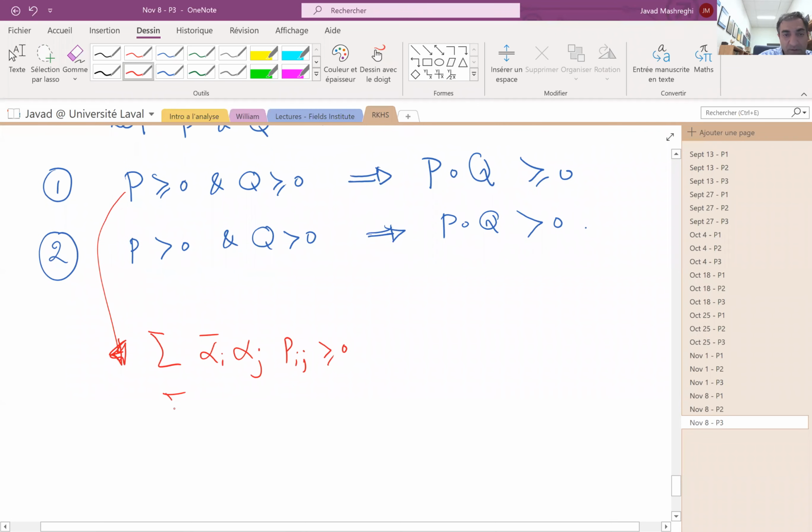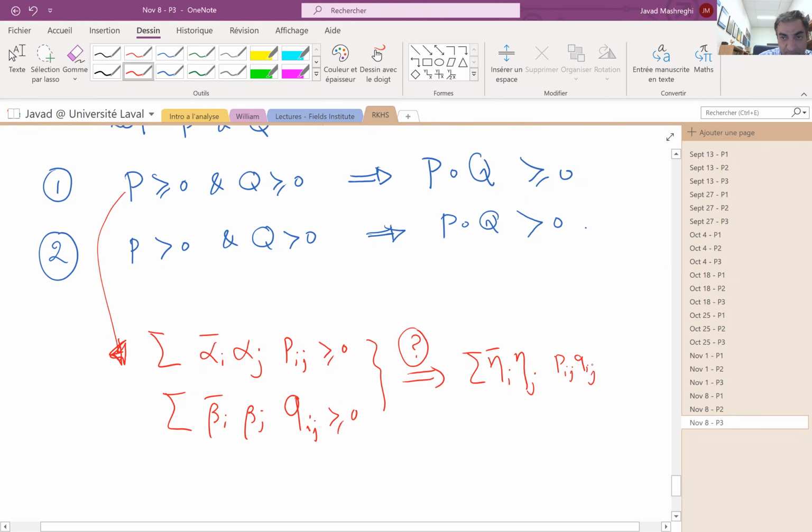The other one is for Q. And now from this, we want to conclude that the sum for any eta of the product is again positive. Absolutely non-trivial. I invite you to sit and try to use this original definition to see if you arrive at this.